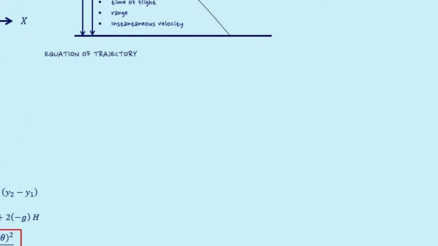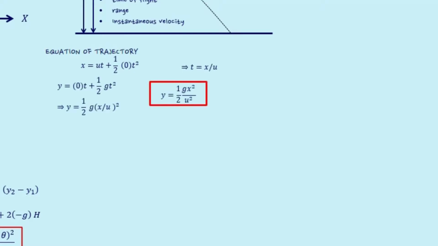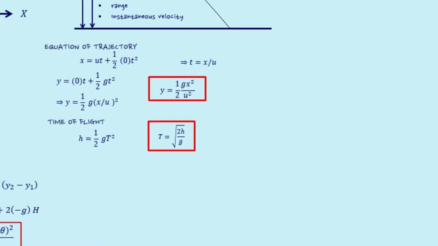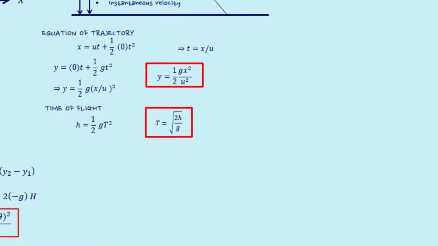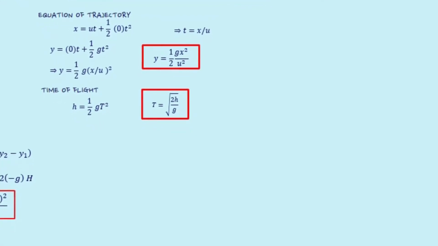The equation of trajectory can be evaluated again by eliminating time from the displacement equations along the x and y axis. This can be done by calculating the value of t from the displacement equation along the x axis and then putting the value of t into the displacement equation along the y axis. The time of flight can be calculated from the equation s equals ut plus half at square. Here we know the height from which the projectile is thrown, and that is the displacement along the y direction.